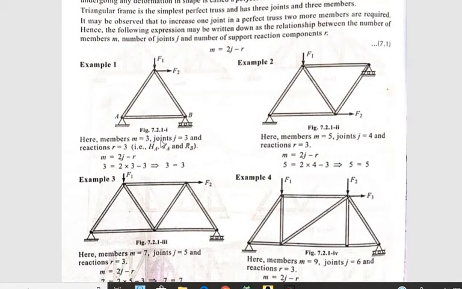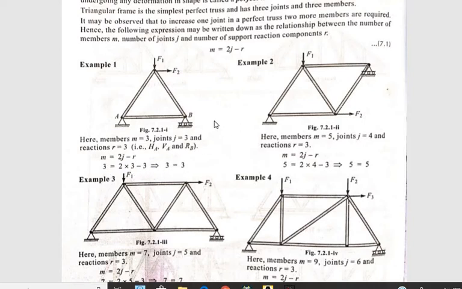So here m = 3, j = 3, and reactions: it is a plane structure, meaning 2D truss, therefore the number of unknown reactions is 3. Vertical reaction and horizontal reaction at the hinge support, that is 2 reactions, and at the roller there is 1 reaction, so total reactions are 3. So m = 2j - r, that is 3 = 2 × 3 - 3, that is 3 = 3.